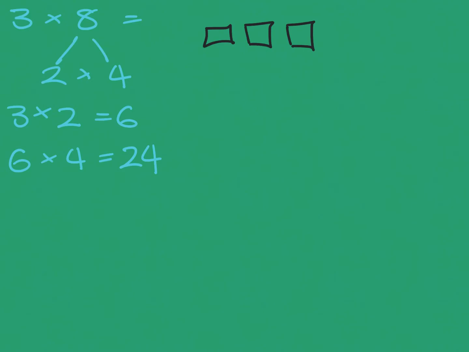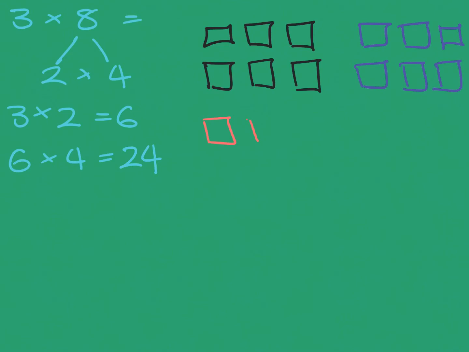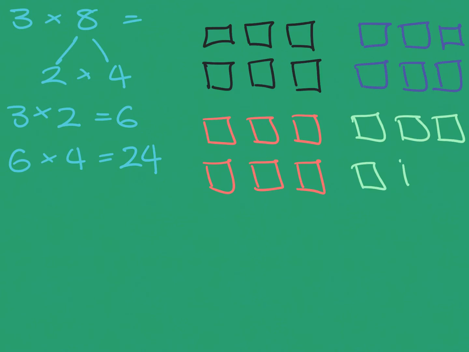If I have 1 row of 3, 2 rows of 3s, so there's 3 in 2 rows, that gives me 6. Then 4 groups of 6: 1 group of 6 in the black, 1 in the purple, 1 in the red, and 1 in the very light green. So it gives me 24 altogether.